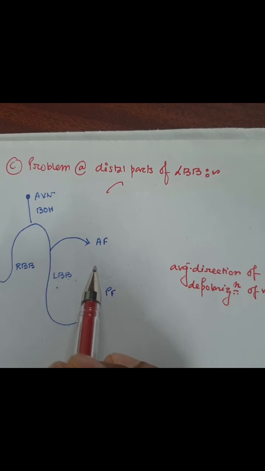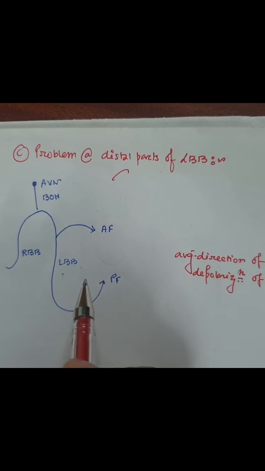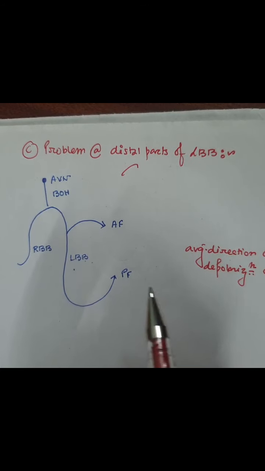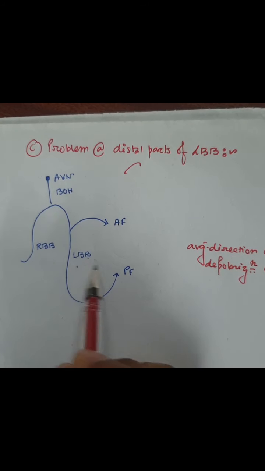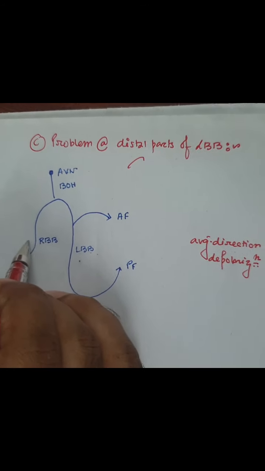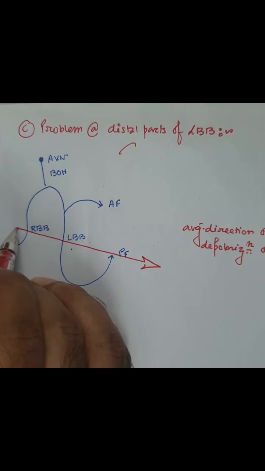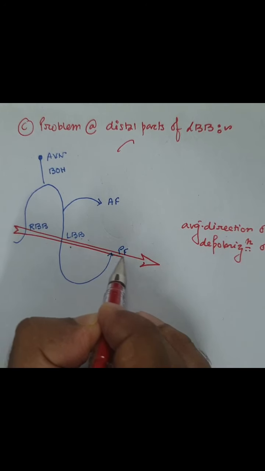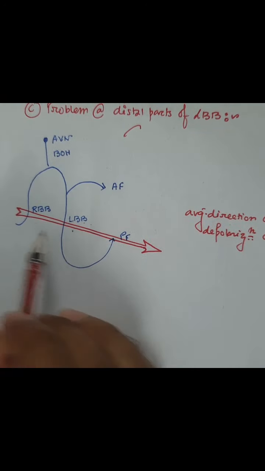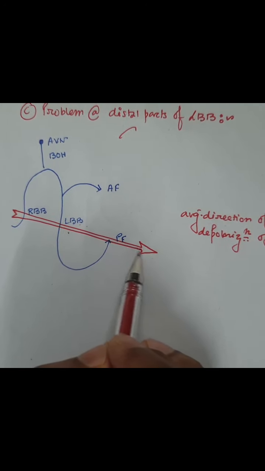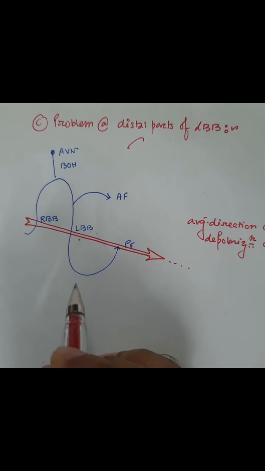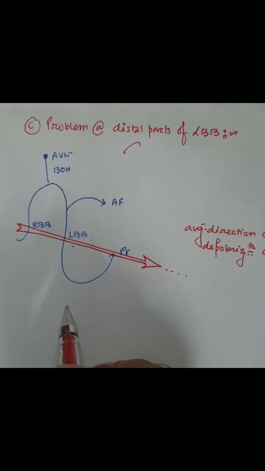In a normal heart, the left ventricle contains much more mass than the right ventricle, and thus the normal cardiac axis is just like this. This arrow direction is the direction of the cardiac axis.